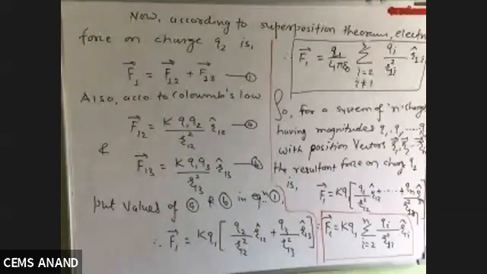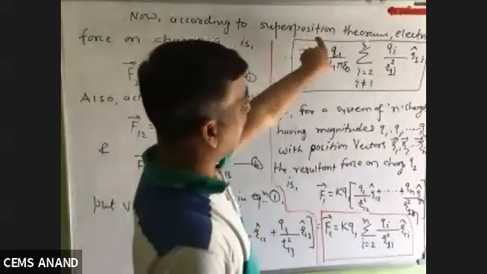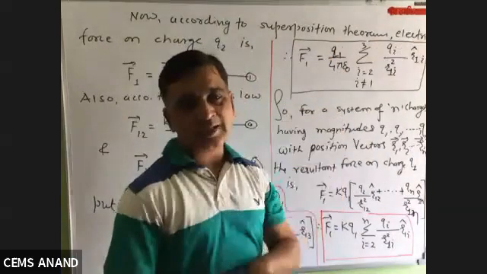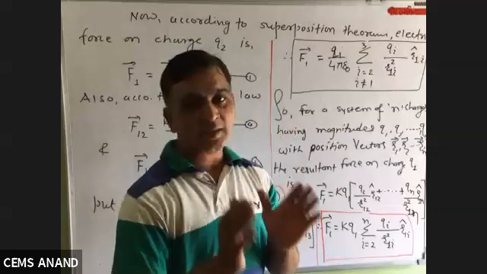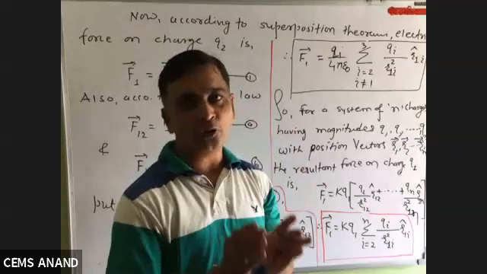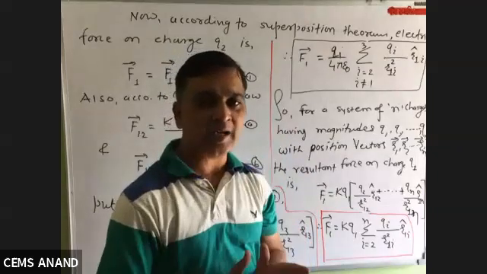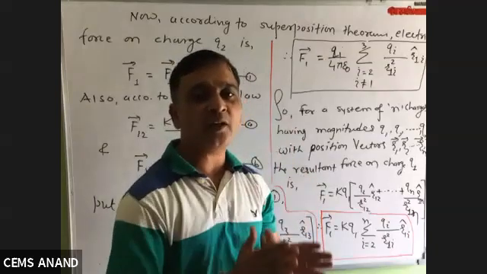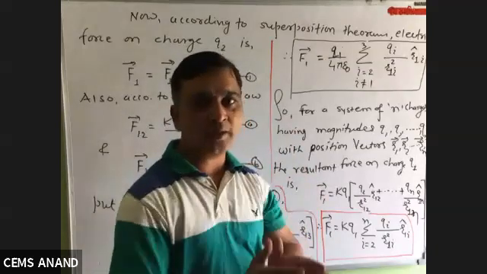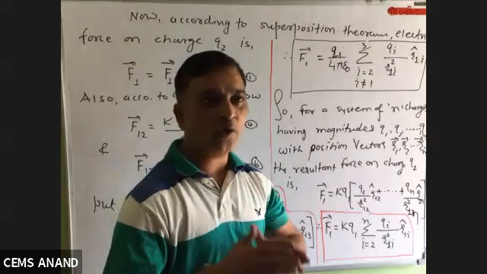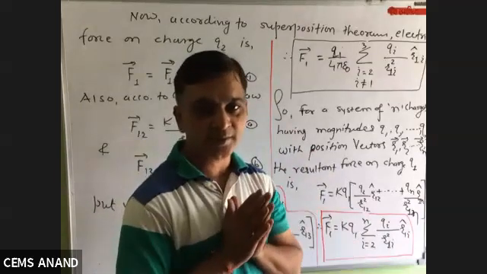Okay. So according to the superposition theorem, which states that the resultant electrical force generated on a charge by more than one charge is always the vector sum of all individual forces, right?